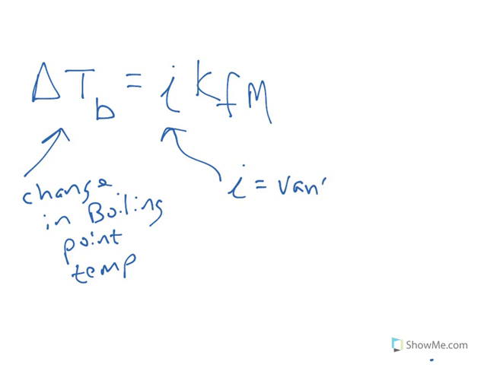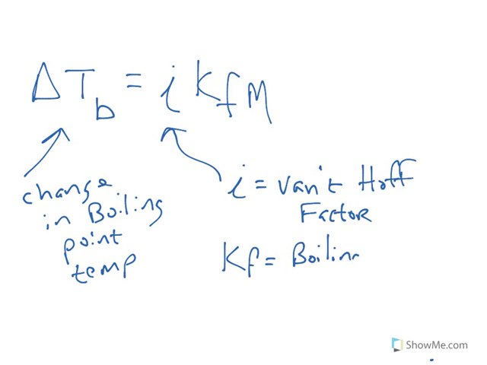i is something called the van 't Hoff factor, and I'll explain what that is in a moment. Kb is what we call the boiling point elevation constant, and that is specific for a solvent.